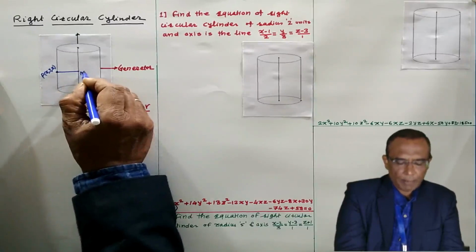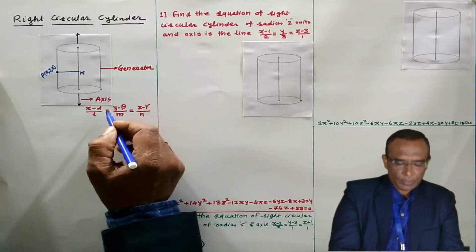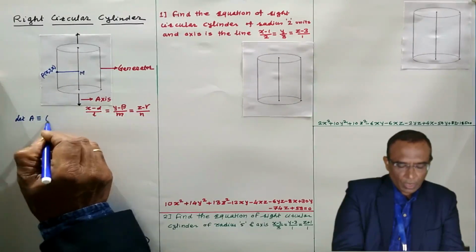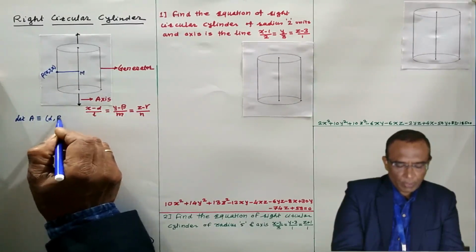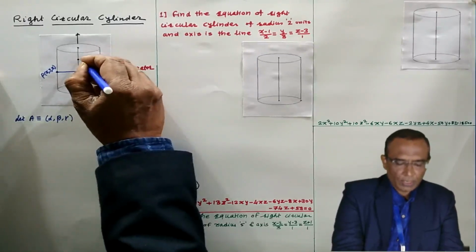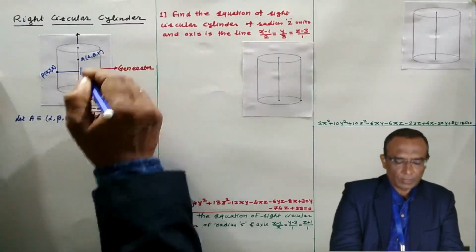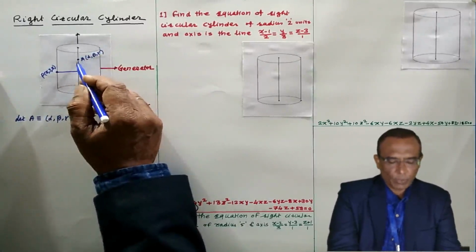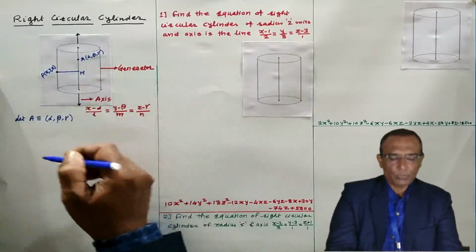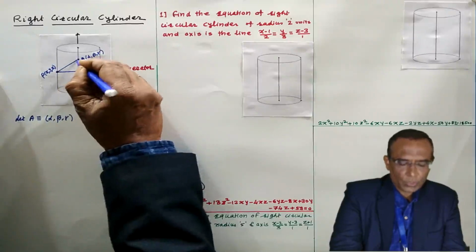I am calling this point M. This axis passes through the point A, whose coordinates are alpha, beta, gamma, and this point should be other than M. If this point coincides with M, we cannot apply the Pythagoras theorem, which will be used to find the equation of the right circular cylinder. Now I am going to join these 2 points.